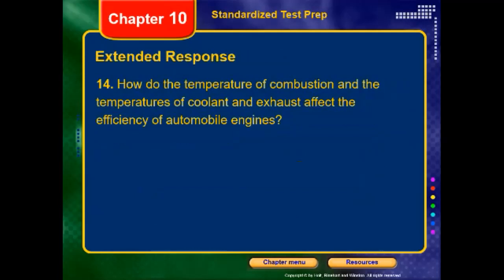How do the temperature of combustion and the temperature of coolant and exhaust affect the efficiency of an automobile engine? Of course, combustion is the burning of fuel inside the engine, which produces heat. This heat is lost energy, and some of the combustion is smoke that comes out from the exhaust at the back of the car.